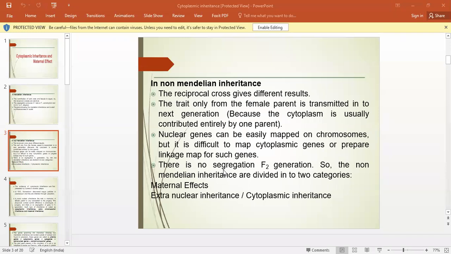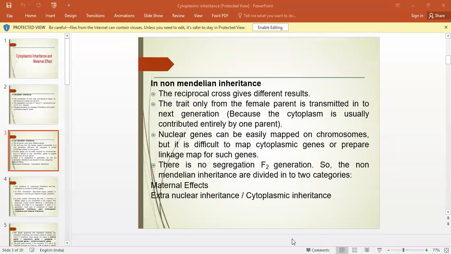So there are so many names for the same thing. So what is this non-Mendelian inheritance or cytoplasmic inheritance or maternal inheritance or extra chromosomal inheritance?